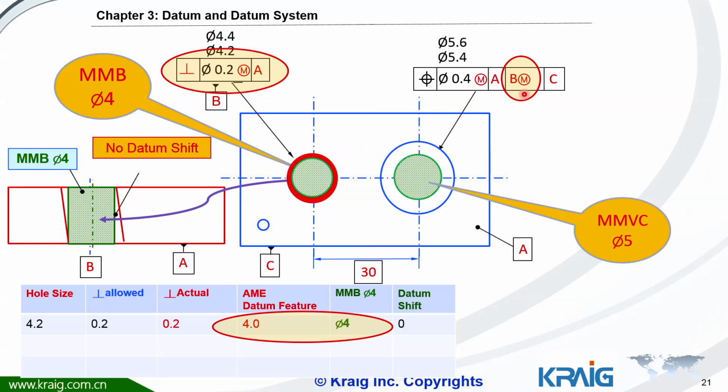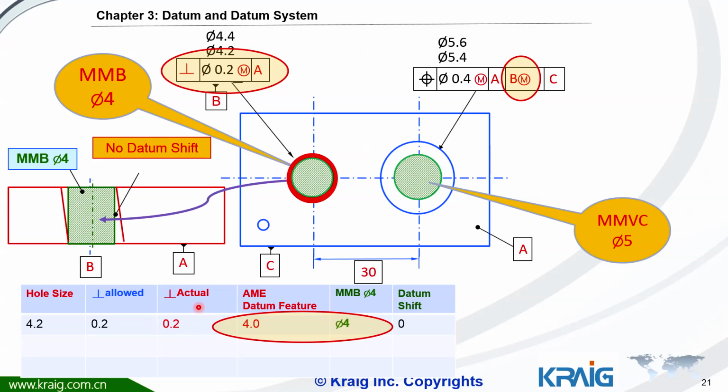That means datum shift is 0 because you cannot move the part. So from here, we understand that the datum shift of datum B is not only decided by the actual size, but also decided by the actual perpendicularity.